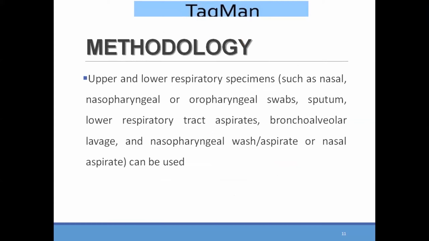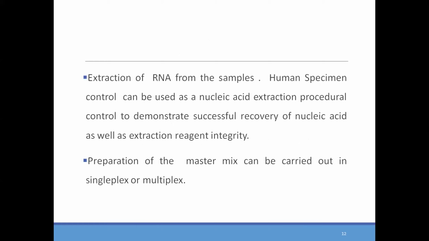Now we have to look into the methodology. Usually we take upper and lower respiratory specimens from the nasal cavity, oropharyngeal swabs, or sputum samples. After obtaining the samples, we have to extract the RNA. When we do the extraction of RNA, we can use HSC, or human specimen control, in order to see whether we are doing the proper extraction process.